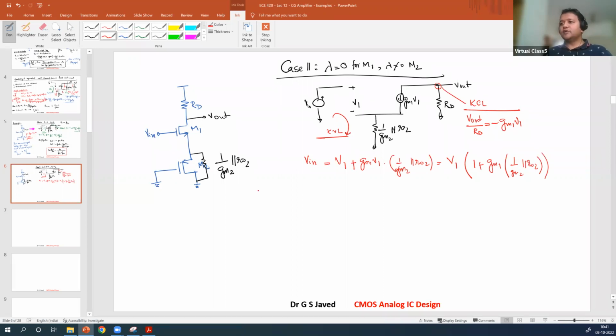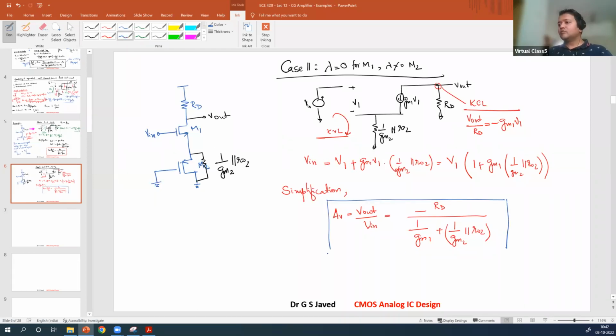When you simplify both of that, simplification gives the gain AV, that is V out over V in, equal to minus RD divided by 1 over GM1 plus 1 over GM2 parallel RO2. Instead of just 1 over GM2 in the denominator, this factor now has the RO2, the channel length modulation impact, coming in parallel over here, right? So this is the second condition.